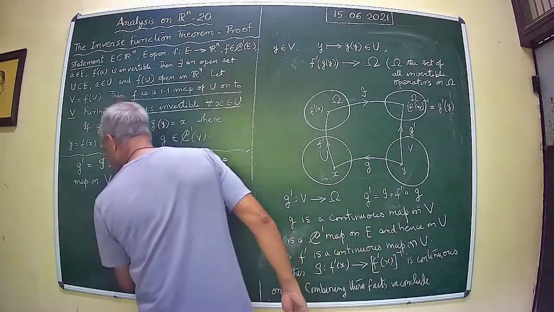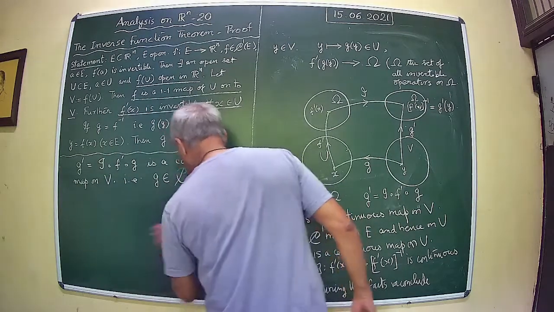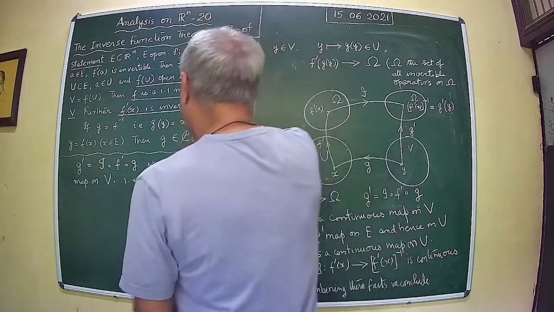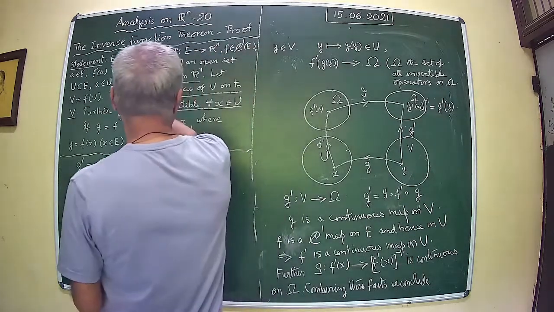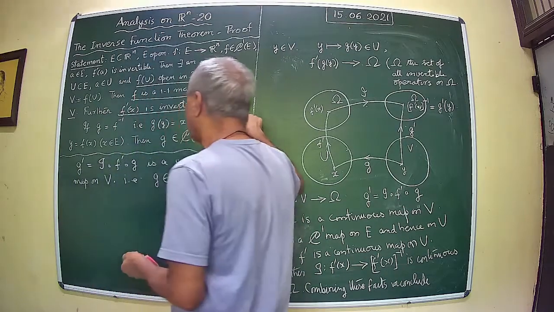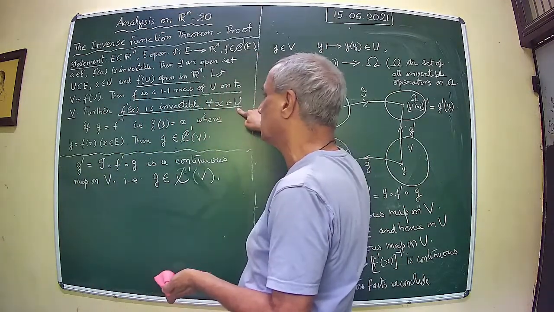Okay, let us just recap what all things we got. We had that F prime of x is invertible for every x belonging to U. We use that.